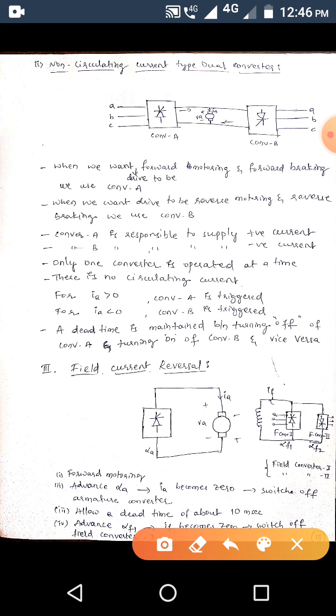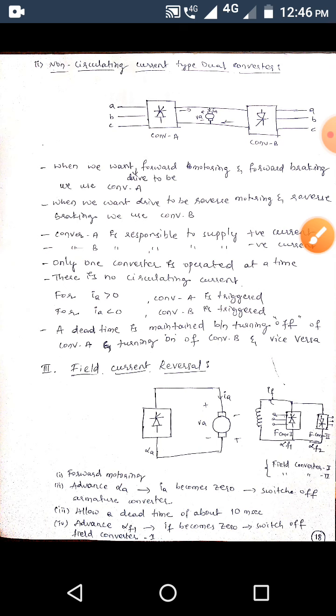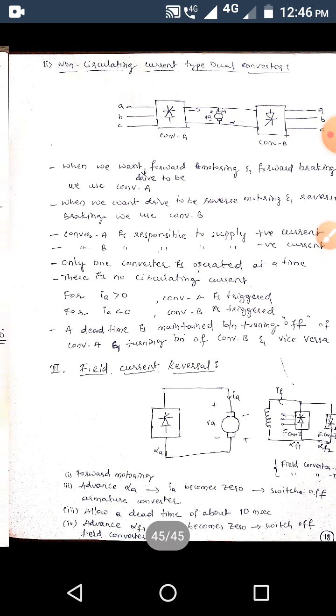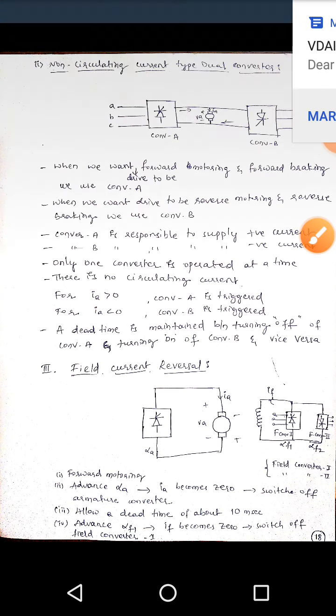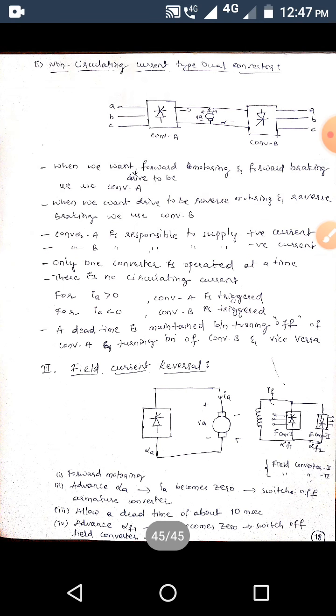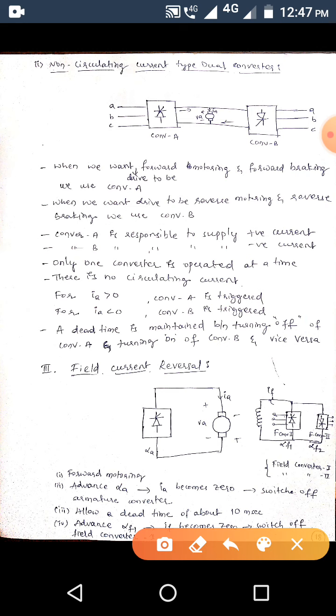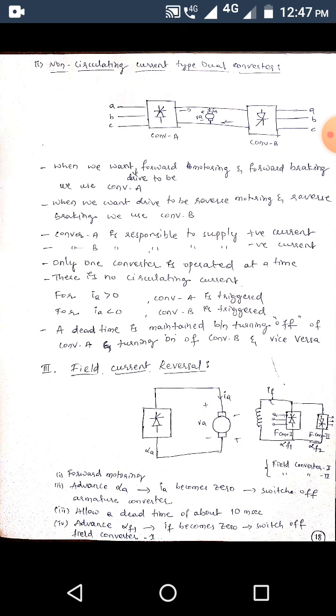Now the operation will be reversible. When we allow the triggering angle of field converter 1 to become 0 again, then we switch off converter 1. Then again we allow a dead time of about 10 milliseconds in field converter F2, and the same operation happens again.